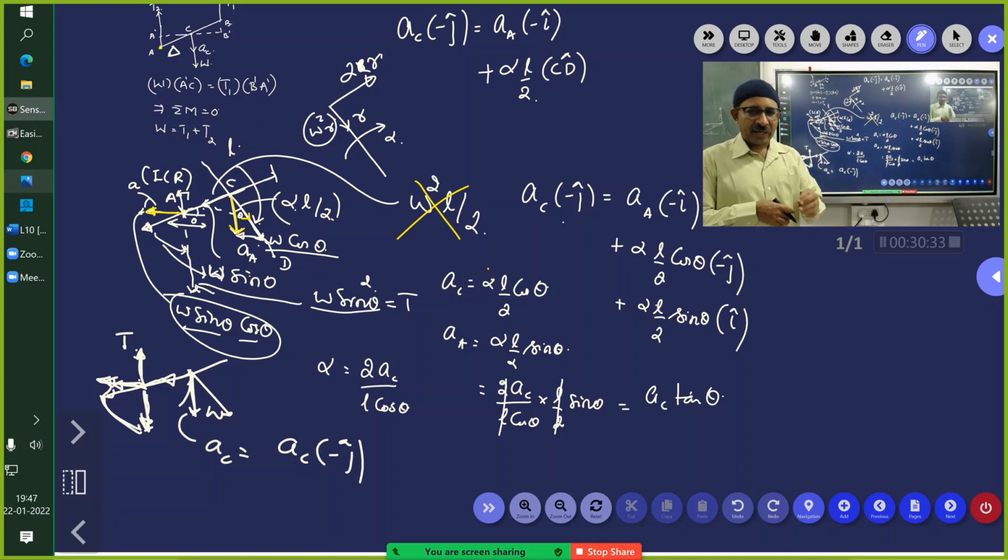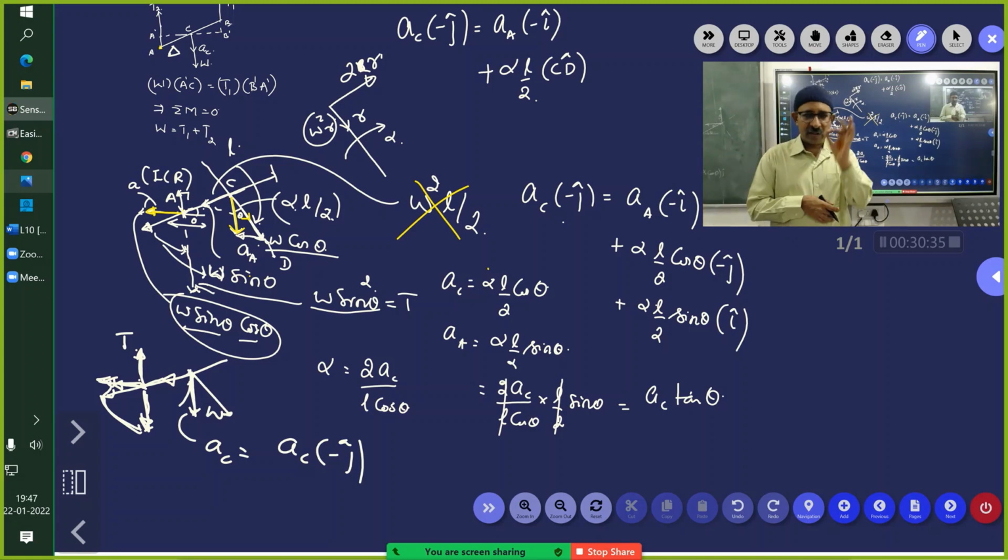As far as we are concerned, what are the two active forces acting on the rod? Its weight and tension, and both are along the vertical axis. If at all the center of mass has to move, it can only move along this axis.